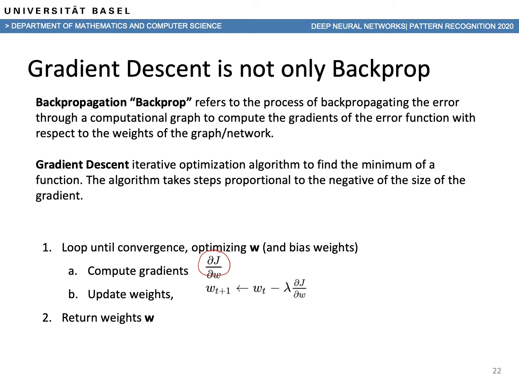And then our new weight is our old weight minus some lambda, the learning rate, times the gradient of the weight. We iterate this, and after we converge, we return the final weights of the network.